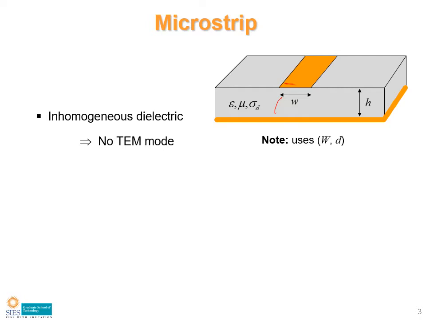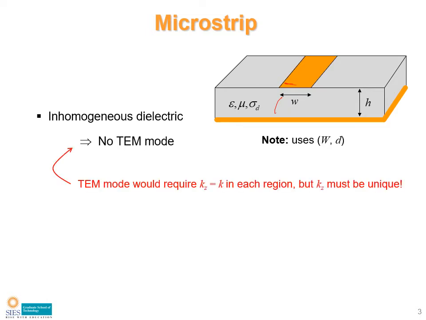So not all field lines will travel through the same type of media. Some lines will travel through the air and some through the dielectric material. So there is no perfect TEM mode in a microstrip line.